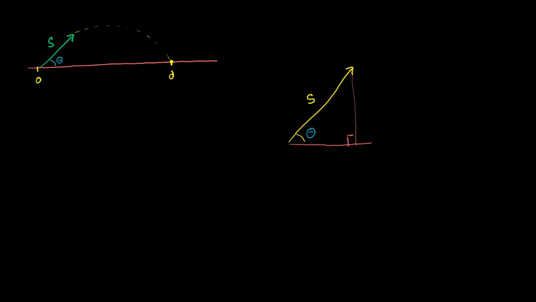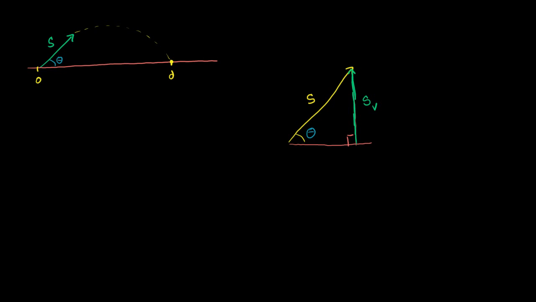And the magnitude of the vertical component of our velocity is going to be this length right here. That is our vertical speed. Maybe I'll just call that the speed sub vertical.